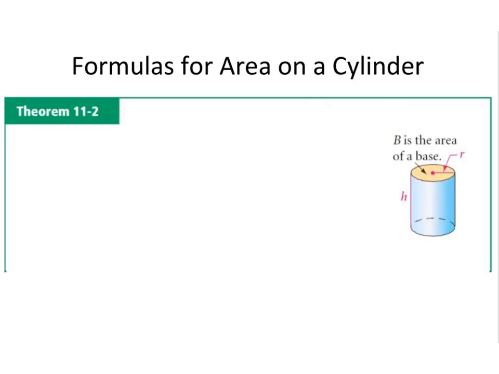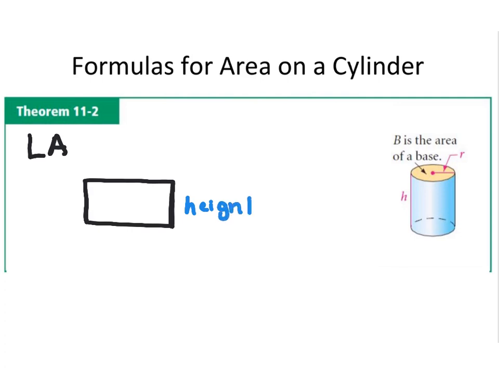Now, to calculate our surface area and lateral area for a cylinder, first let's talk about the lateral area. The lateral area of a cylinder is still a rectangle. The vertical side on the left is still the height. The other side of our rectangle is the distance around our base, which is the circumference.